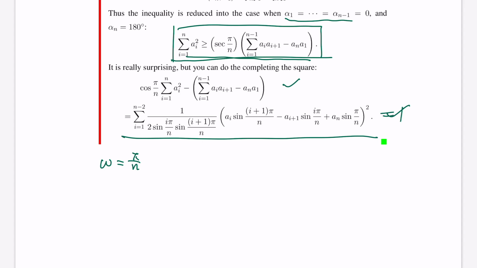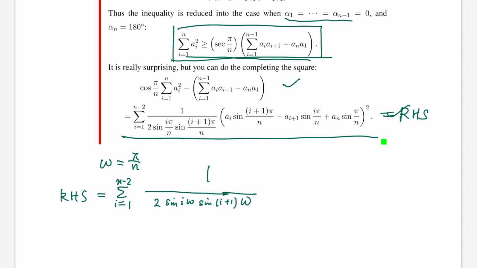So this is the right-hand side. The right-hand side would then be equal to sigma i from 1 through n minus 2 of sine i omega sine (i plus 1) omega, times (a_i sine (i plus 1) omega minus a_(i plus 1) sine i omega) squared, plus a_n sine omega squared. Of course, what I'm going to do is prove from right to left.